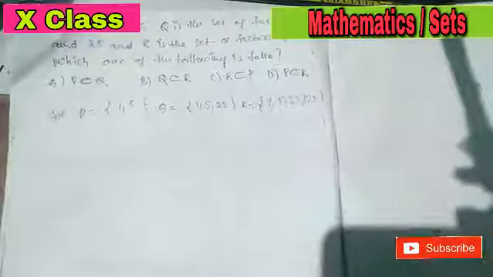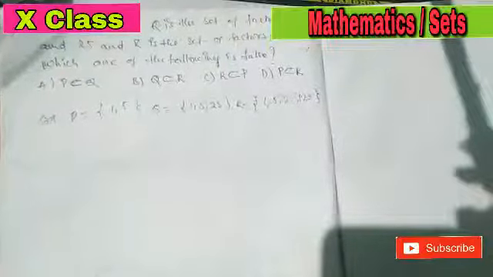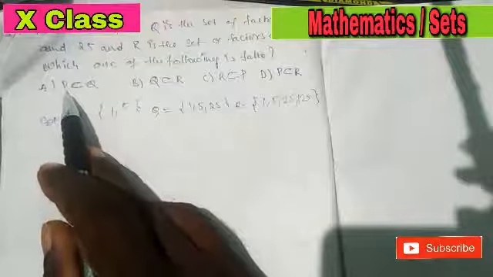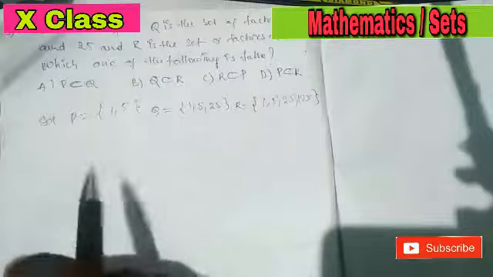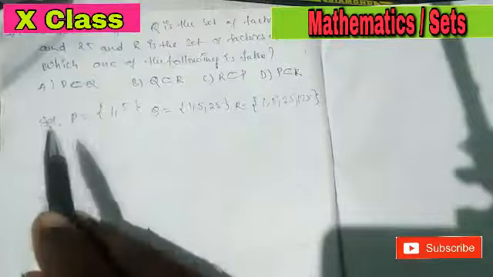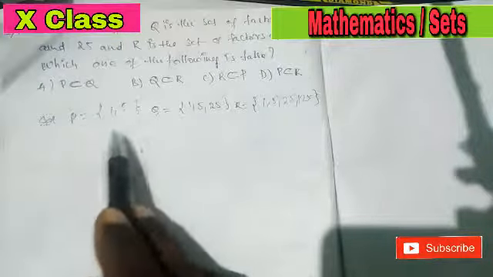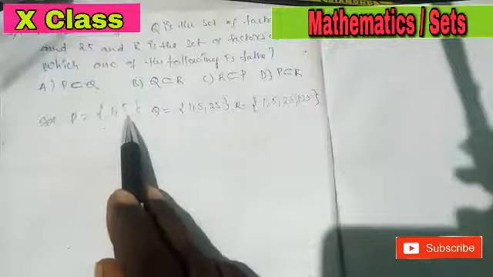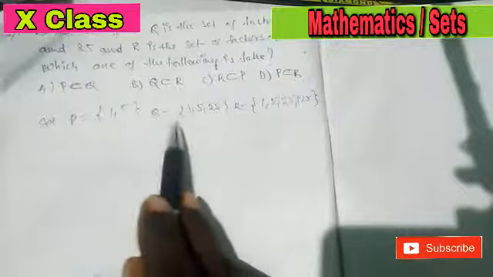These are the factors of the given sets. Now we have to see which one of the following is false. P subset Q: is it true or false? P contains 1 and 5, and the same elements are present in Q. So it is correct. P is a subset of Q.